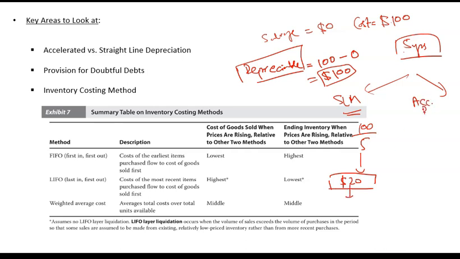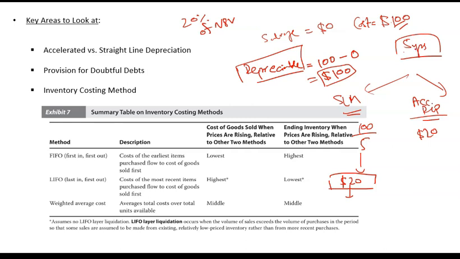In accelerated depreciation, higher depreciation is charged in initial years and lower depreciation in later years. It is charged as a percentage of net book value. Let's say I am charging 20% of net book value. In the first year the value is 100, so I will charge 20%, that is $20.